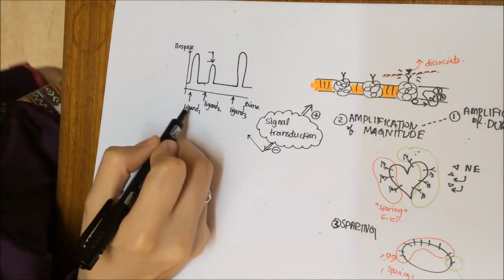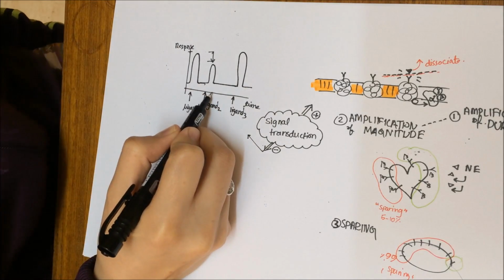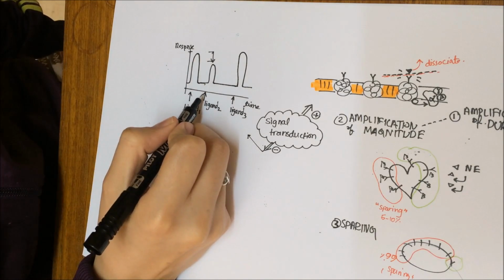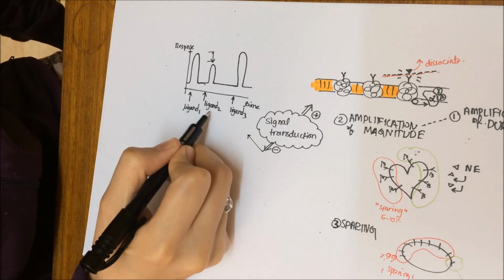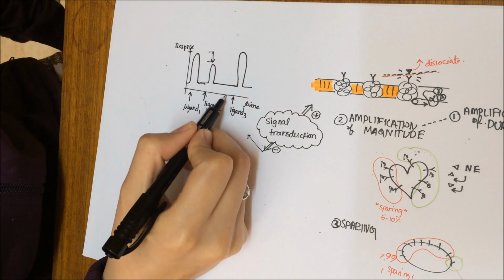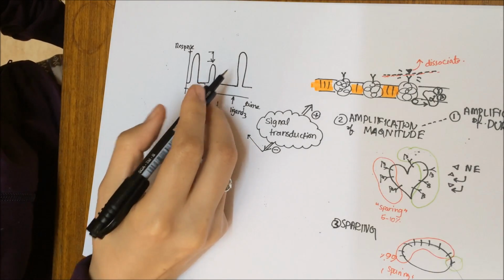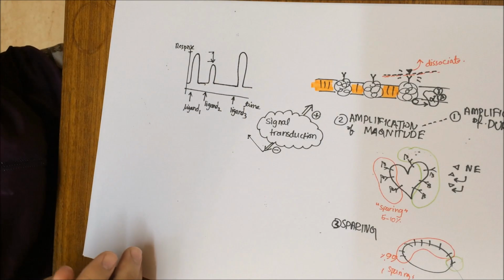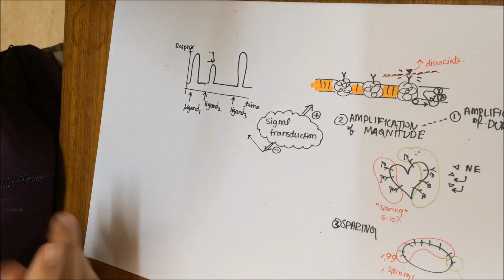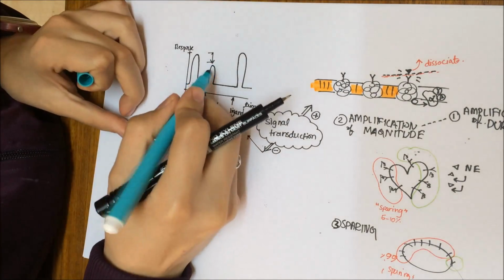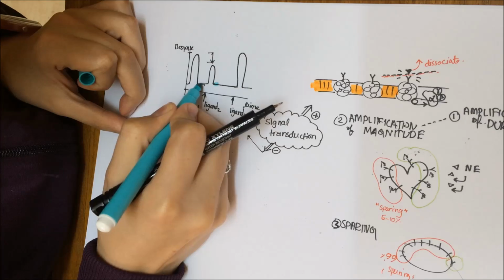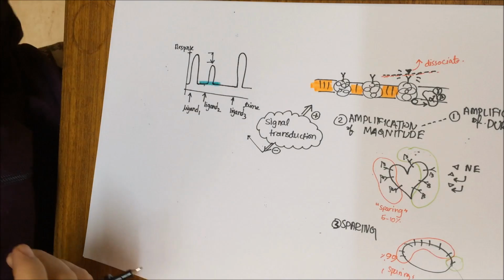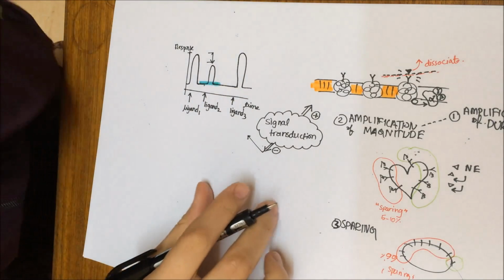This means that if ligand 2 was introduced after a duration longer than this, it will produce the maximum response. Why? Because here we have something called the refractory period. What is the refractory period?